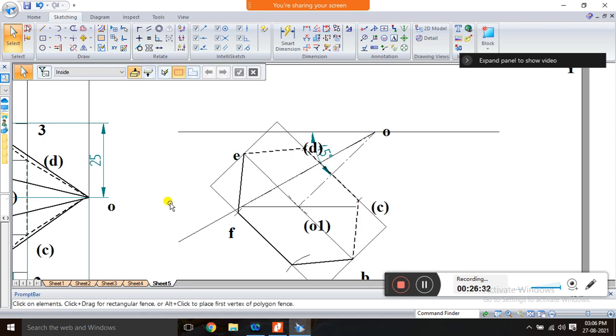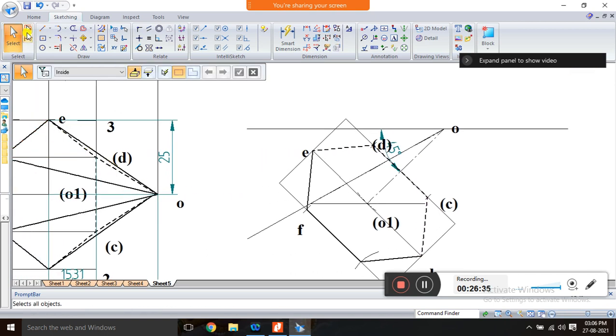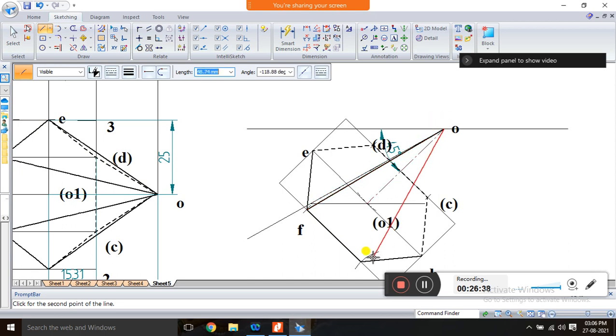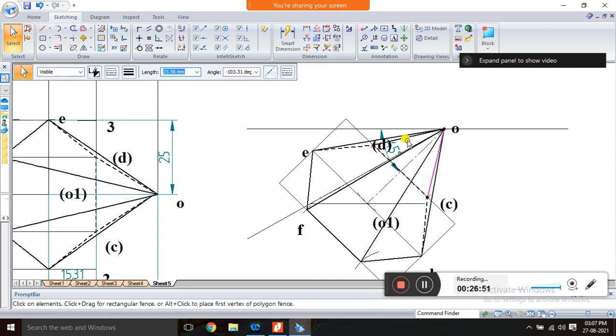So with respect to the second position you have to reconstruct, then take the line, so from here to here join it, from here to here join it, and here to here is there, but these two should be dotted.